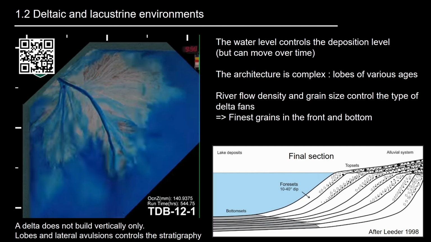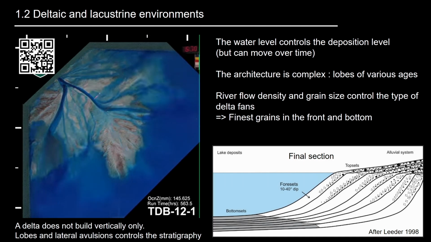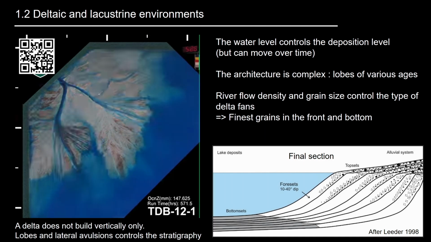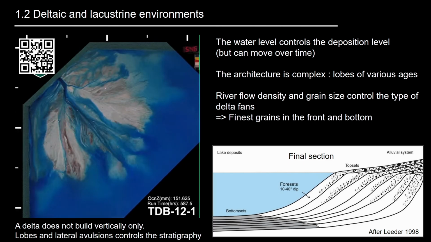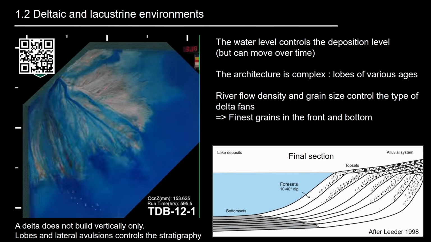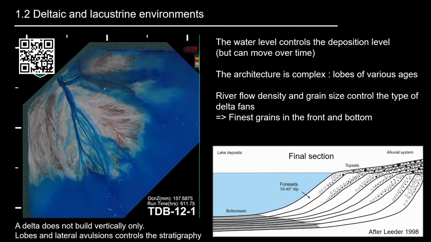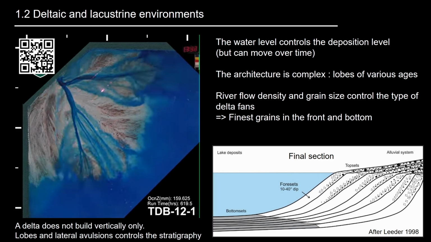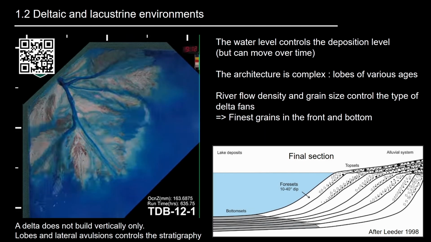So a delta is very different from the stratigraphy we usually do on Earth, because a delta is probably the most complex architecture of sediments on the planet. The river moves from here to there and just fills the gaps of material and then builds another lobe.